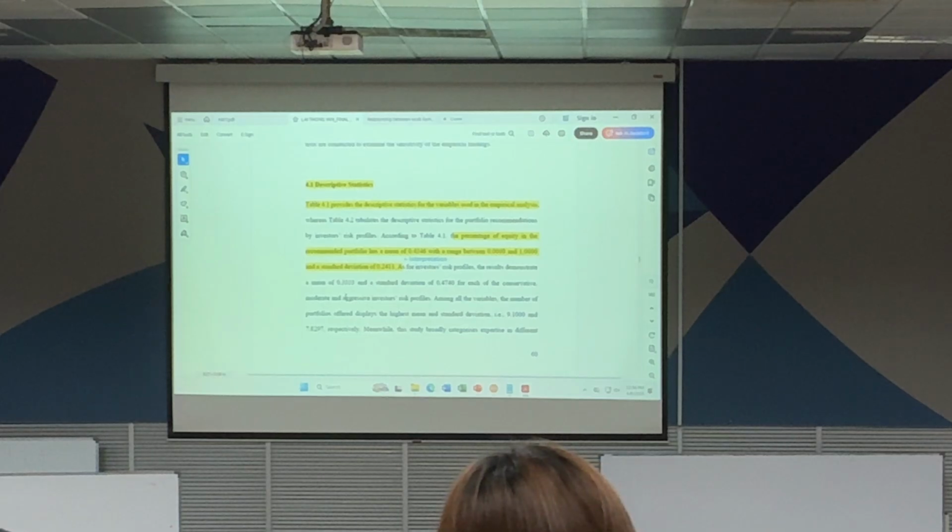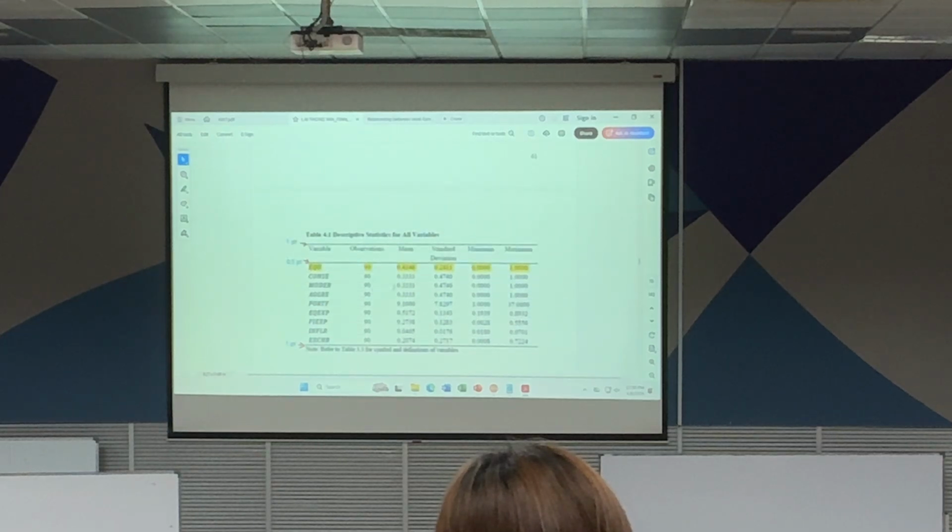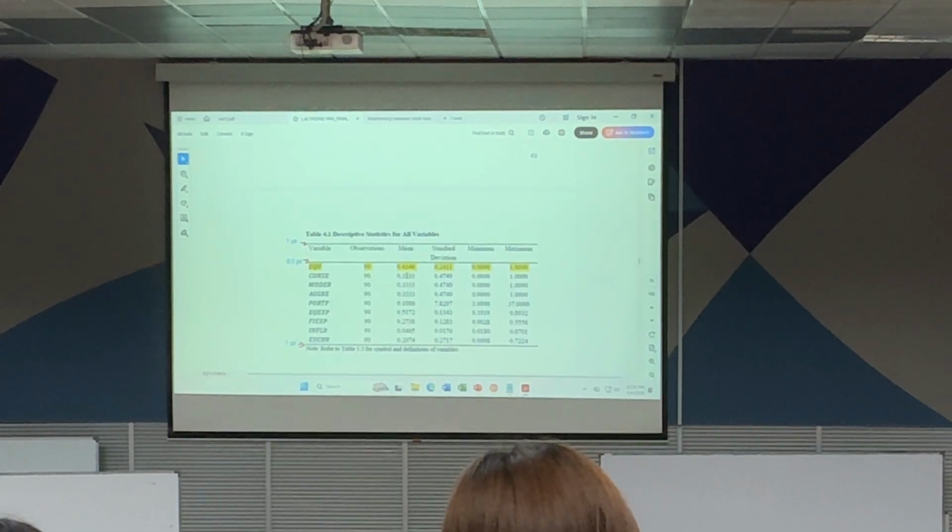So my advice, the easiest way to interpret is, we interpret by looking at the mean. Example, to make it easier, let's say ROA. ROA is easier, isn't it? Let's say the mean ROA is 0.2. 0.2 stands for 20%, isn't it?